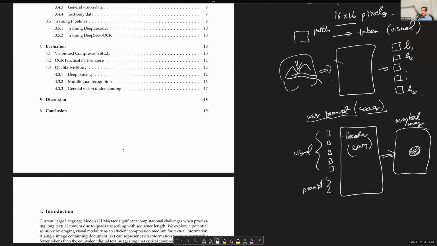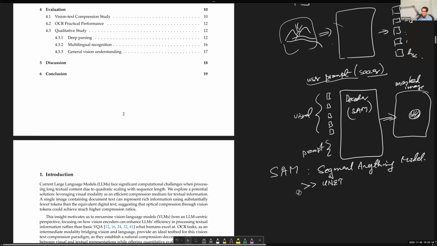Most of you may have used SAM. SAM stands for Segment Anything Model. And by the way, SAM is much better than the older architectures like UNet.